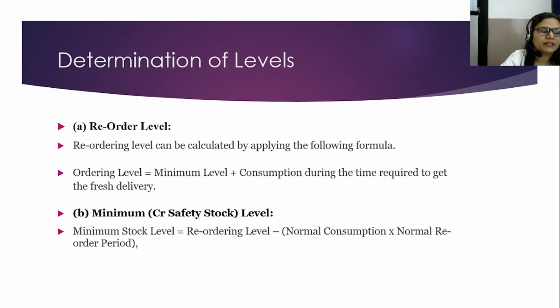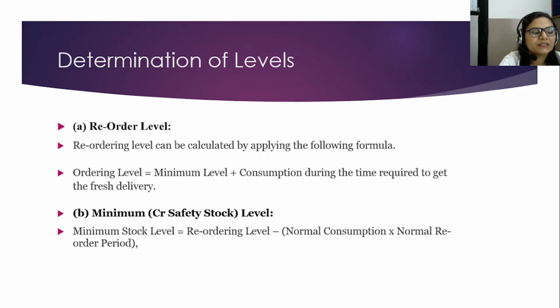First is reorder level. What is reorder level? It is a point which, if the stock of a particular material in store approaches, the storekeeper should initiate the purchase requisition for fresh supplies of that material.